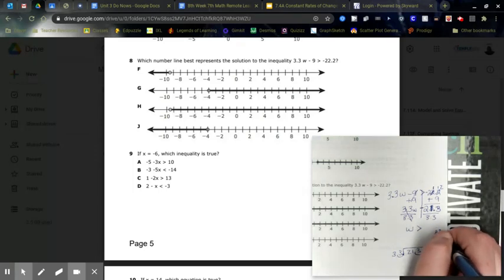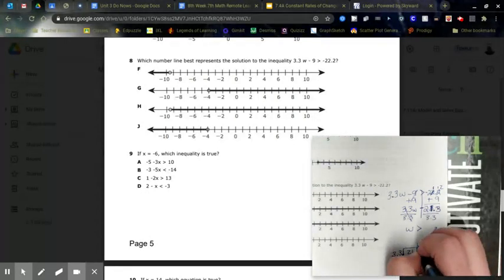Let's try 7. 21, 21, 22, 23. Ooh, that's too much. 231. Too much. Let's do 33 times 6. 18, 18, 19. 198.